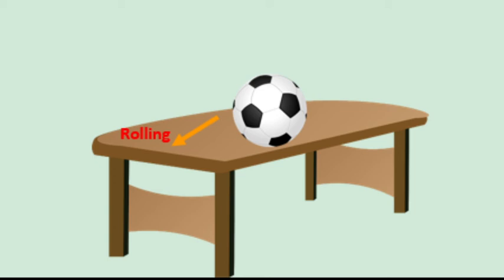Again, you need to identify the forces acting on the ball. You see in this figure that the force of gravity and normal force are again acting on the ball. These forces are balanced, and so the ball stays on top of the table.